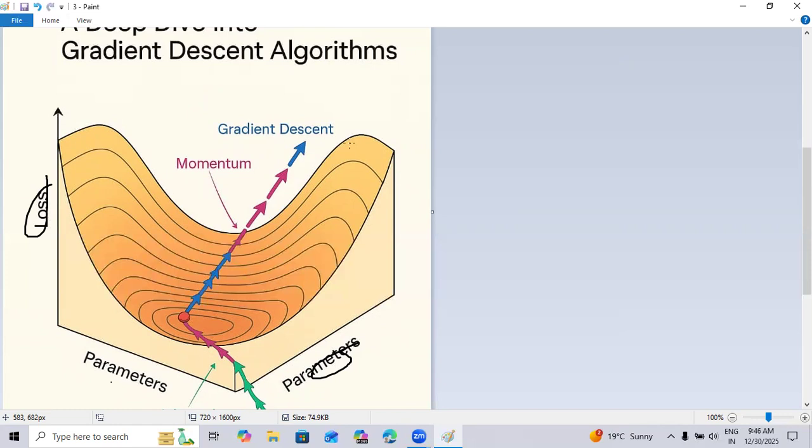This process is called gradient descent. The step size is called the learning rate. If the learning rate is too large, the model overshoots. If it is too small, learning becomes slow.